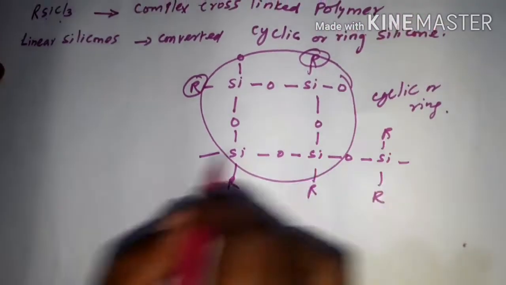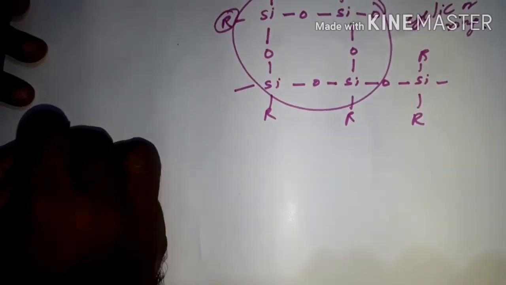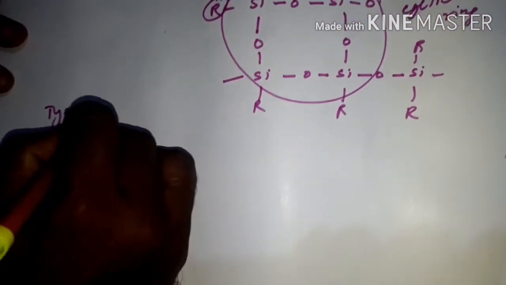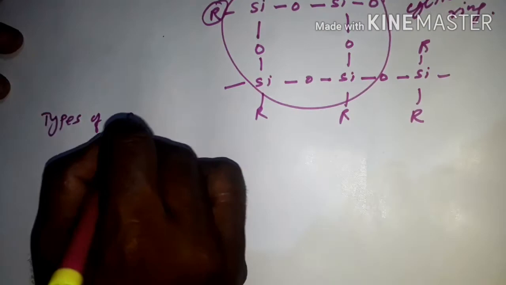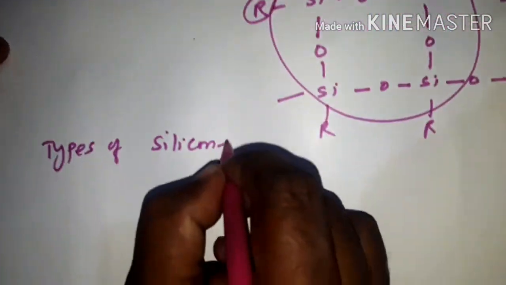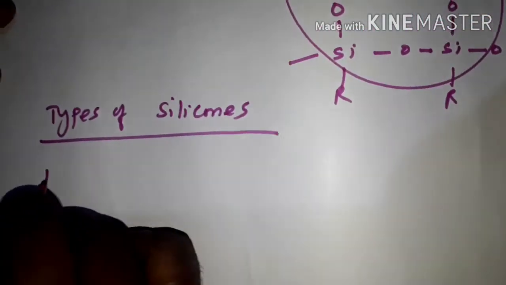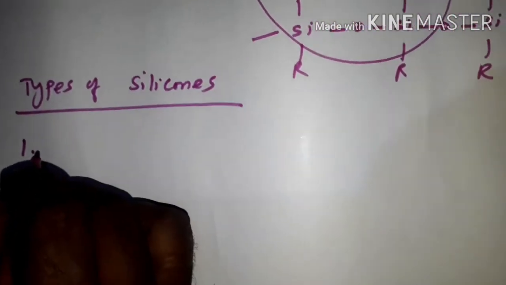Okay. So next one, types of silicones. In these types of silicones, there are 3 types.